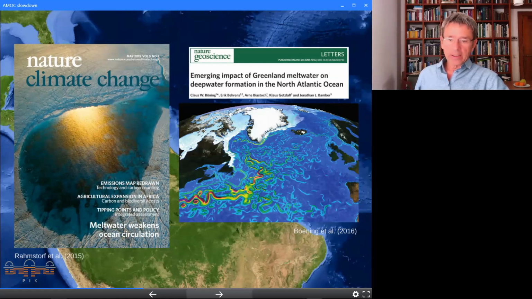The reason why there is deep water formation in the North Atlantic and not in the North Pacific is because the North Atlantic is saltier. And part of the reason why it's salty is actually because of that conveyor belt circulation, bringing salty water from the subtropics up to the north.